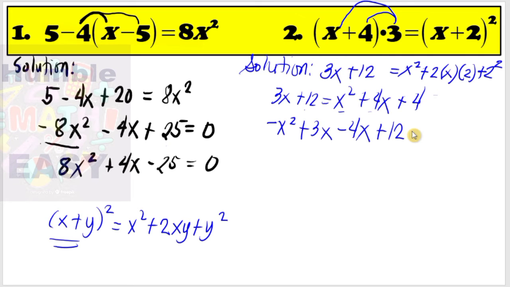So negative 4x, negative 4 rather, it is negative 4 is equal to 0.